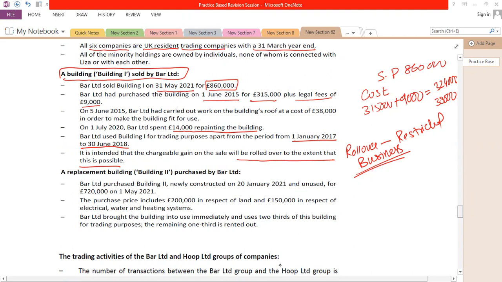How many months? Here you can say 6 months of 2015, then 16, 17, 18, 19, 20.